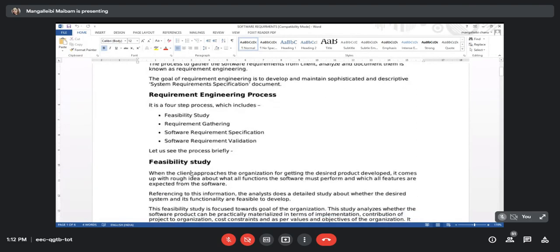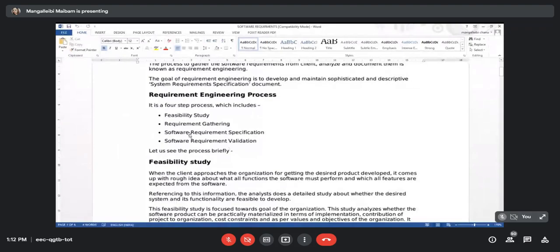We have some processes here. Let us see the processes. The processes are feasibility study, which is a thorough study of the requirements, then requirements gathering, software requirement specification, and software requirement validation.